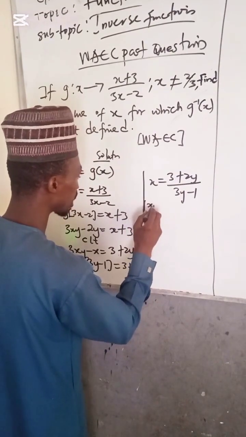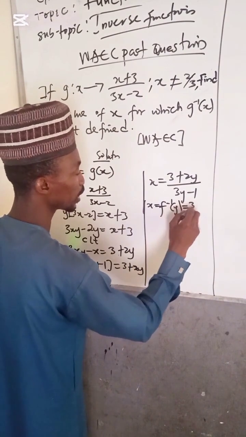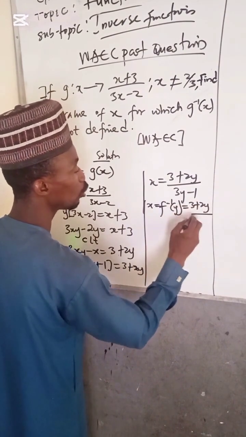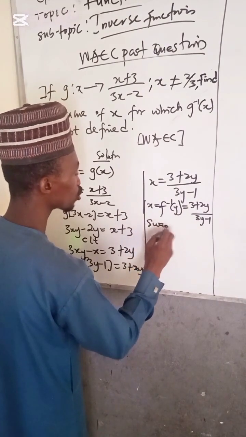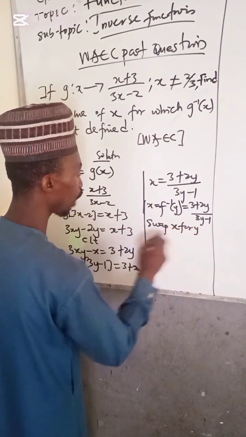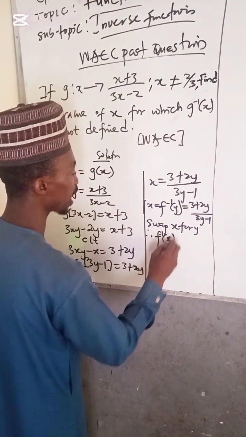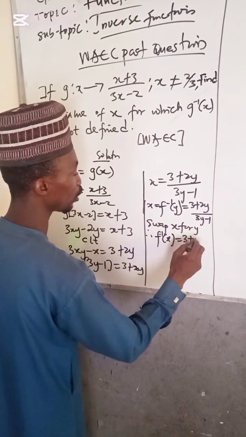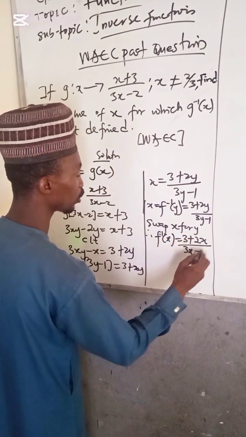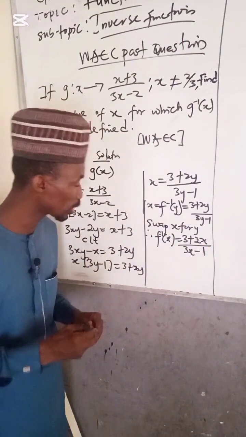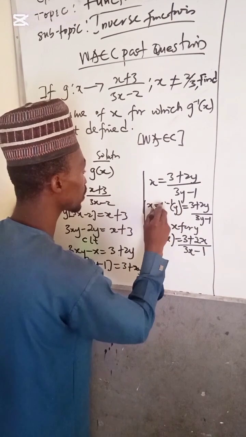Now we say x is equal to g inverse of y, which is 3 plus 2y over 3y minus 1. Swap x for y. Therefore, you have g inverse of x is equal to 3 plus 2x over 3x minus 1. Remember it is g of x, so it's not f of g of x.